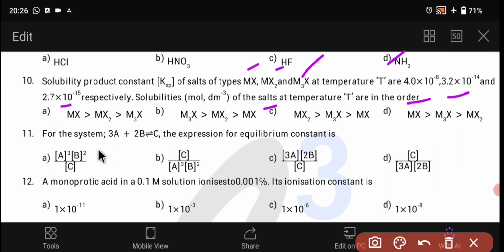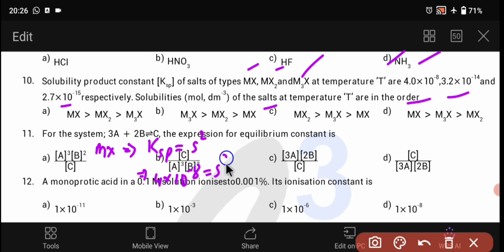For MX, the relation between KSP and S is KSP is equal to S square. So for MX, the value of KSP is given as 4 into 10 to the power minus 8.